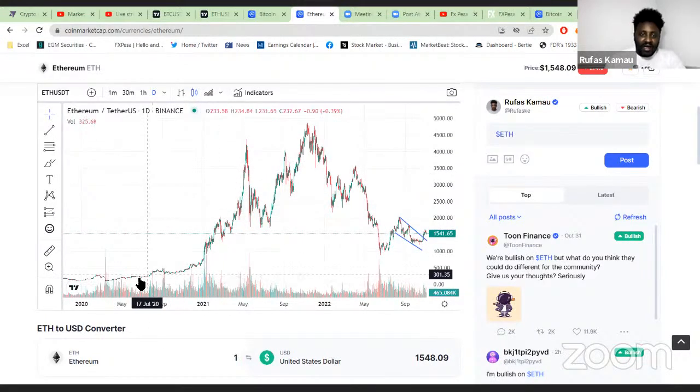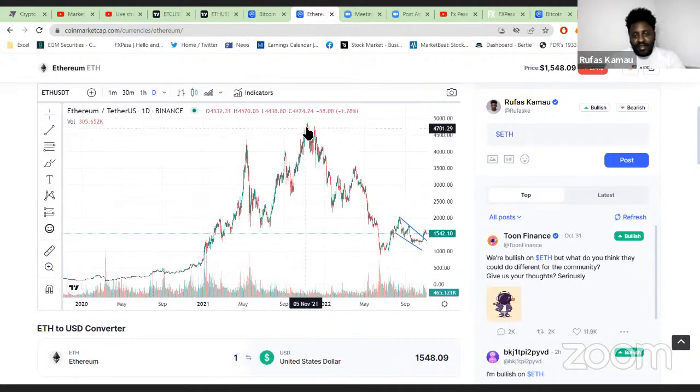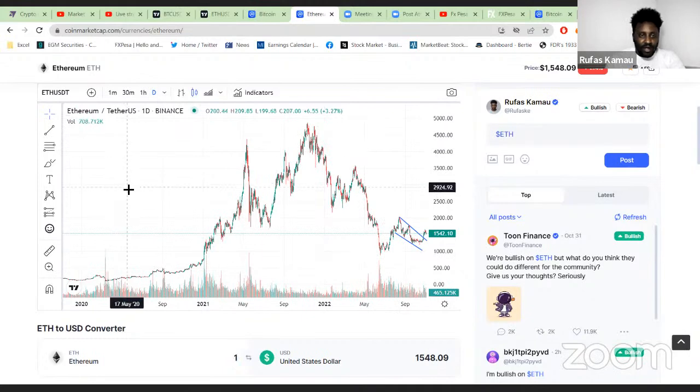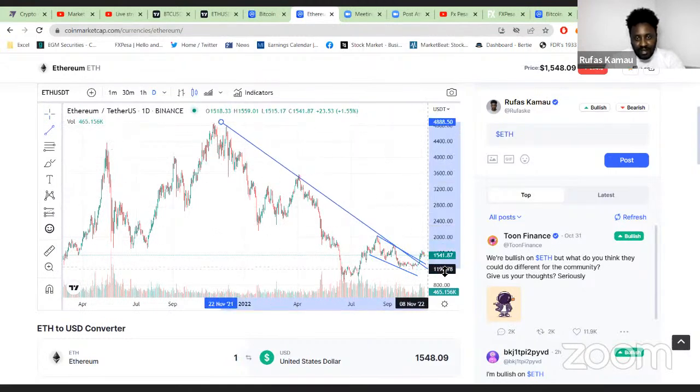Last year, we know that cryptocurrencies were rallying, same case as the stock market. The S&P 500, the Nasdaq, and the Dow Jones were all moving up since 2020, so there was a very strong bullish momentum. And then this year, we entered a bearish momentum. This is bear territory. So this year, you can clearly understand that this has been the momentum in Ethereum.